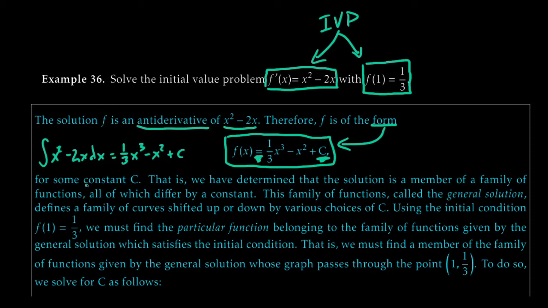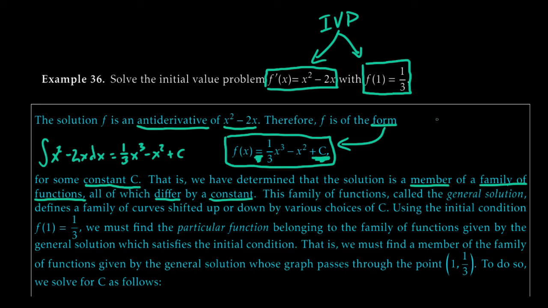So we've got to find out what that constant c is. We have determined that the solution is a member of a family of potential solutions, of functions. All of these differ only by a constant, that constant c right here. Now, this is the general solution.